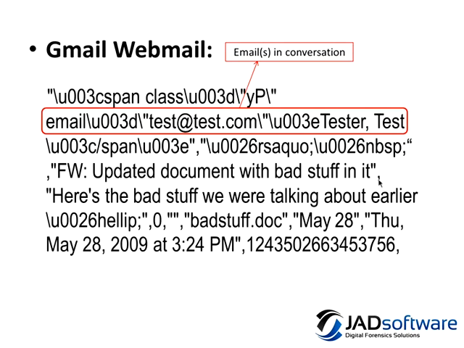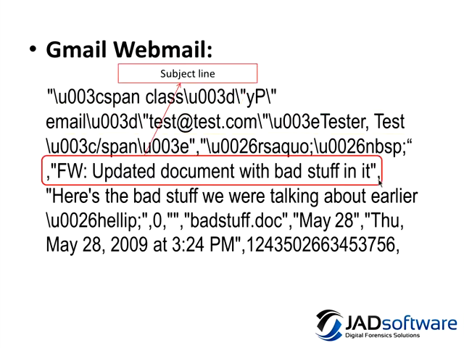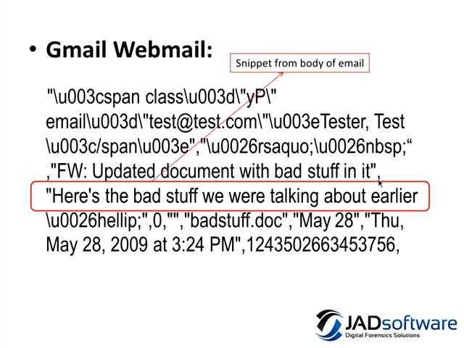Next after that is the emails that were involved in the conversation. So in this case, we have one, and this is the sender of the email. Sometimes you could have multiple email addresses in here, and there would be emails that were involved in this conversation. Below that is the subject line of the email, and then after that is a snippet of the body of the email.